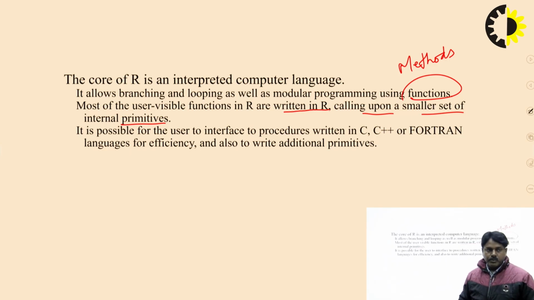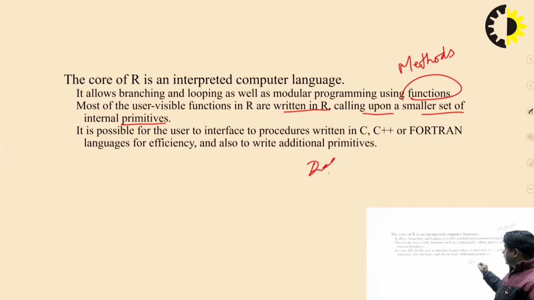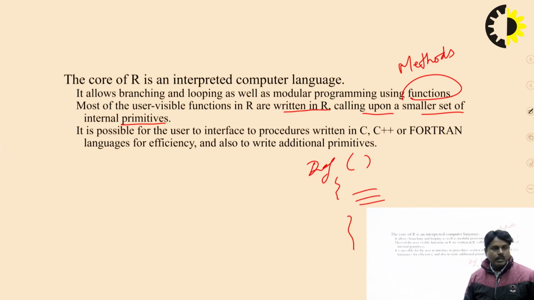Suppose I want to define a function. In any other language, whenever we write a function, we write the code to be represented, and this function will perform its activity whenever it is called upon.